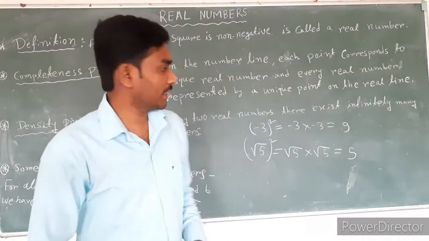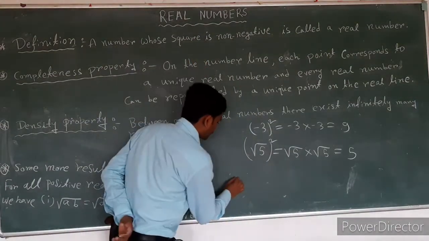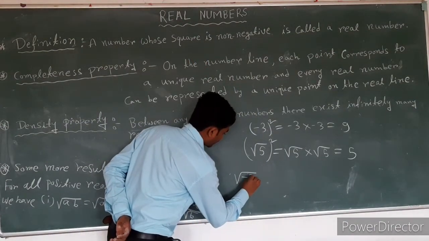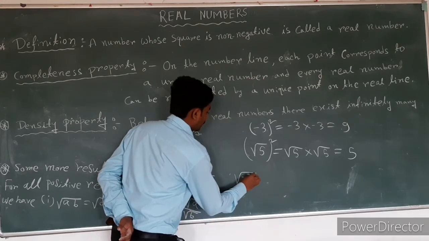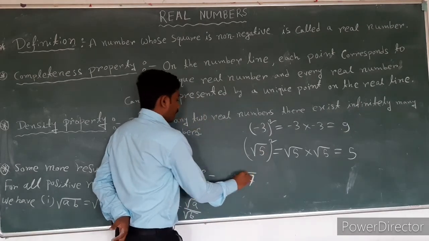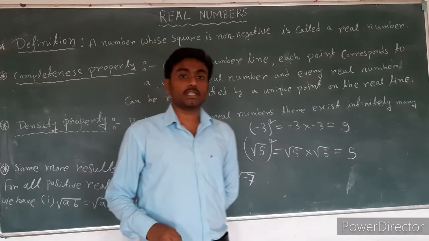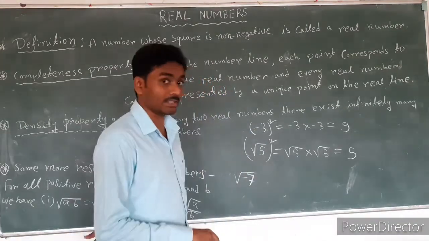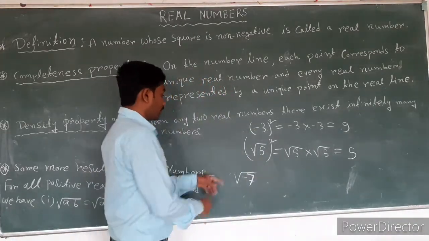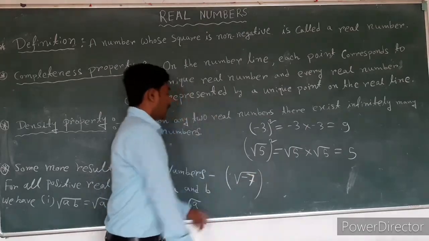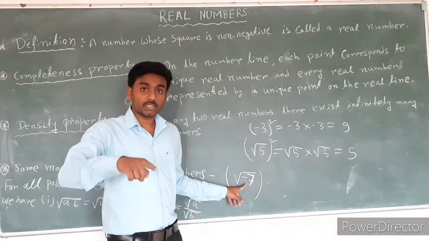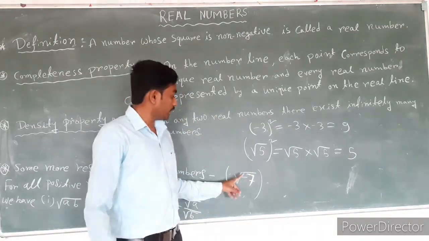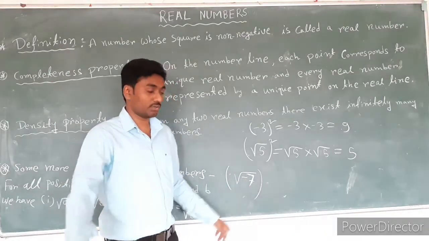Now we take a number, suppose root -7. Is root -7 a real number or not? How can we check? If the square of root -7 is a positive number, then it will be real, otherwise not.